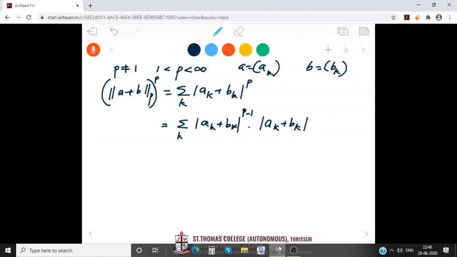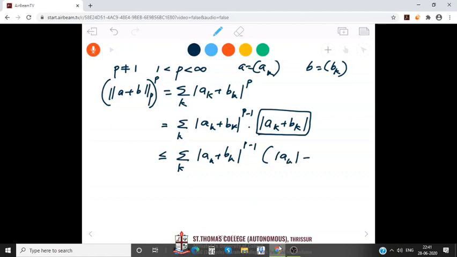Now to this absolute value function I can apply the triangle inequality, so that this is less than or equal to summation over K absolute value of AK plus BK raised to P minus 1, product with absolute value of AK plus absolute value of BK.